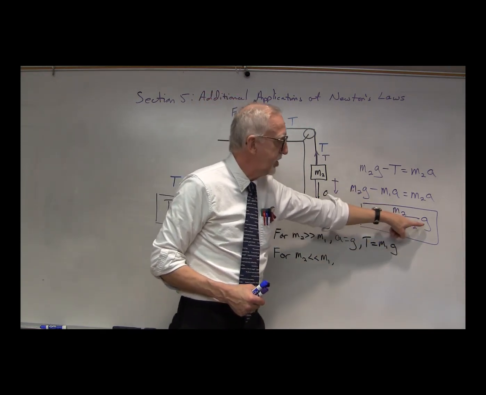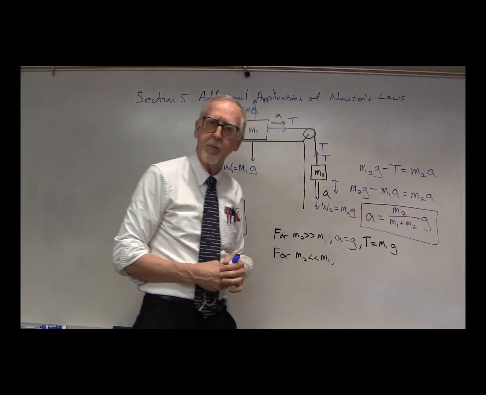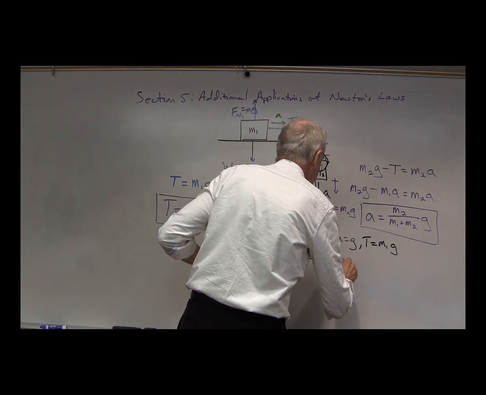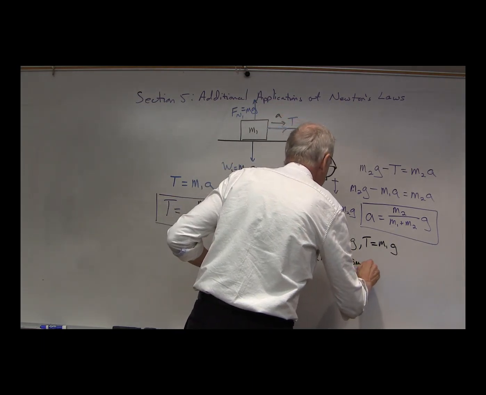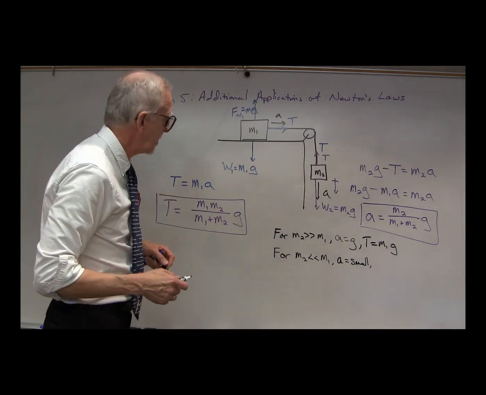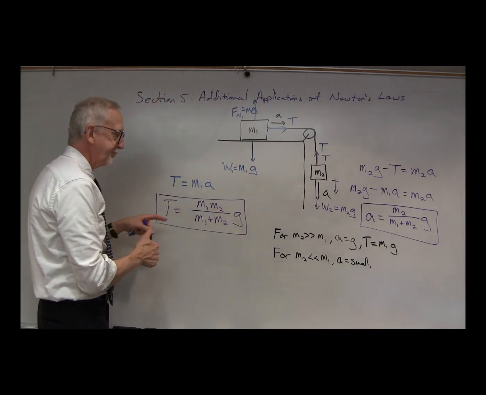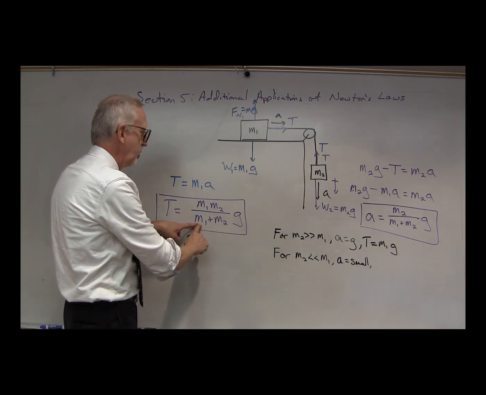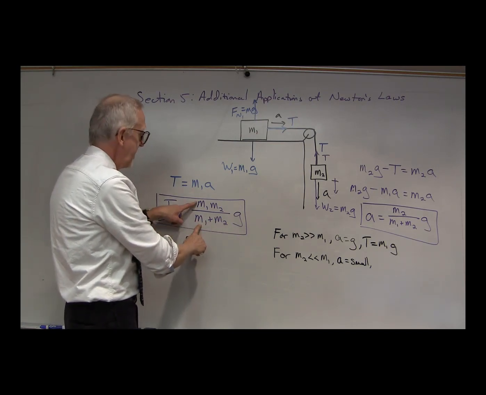So the acceleration is going to be a small number times g. So a is small, basically going to 0. What tension do we get? Well, the m1's cancel, and we get the tension is m2g.